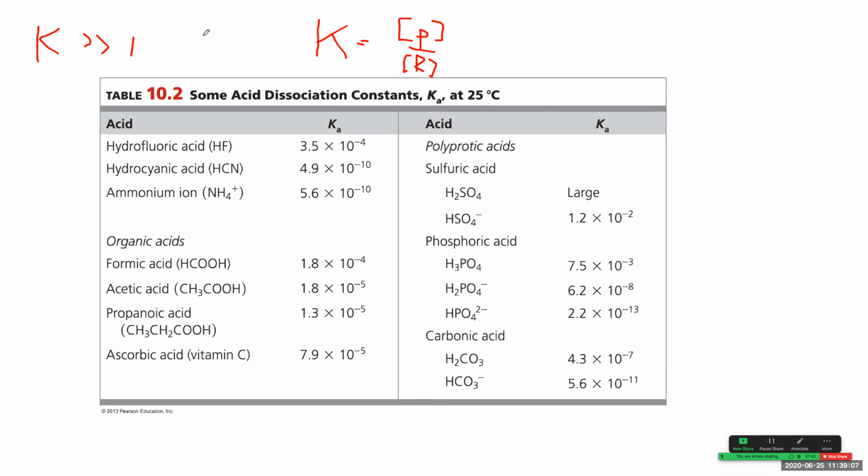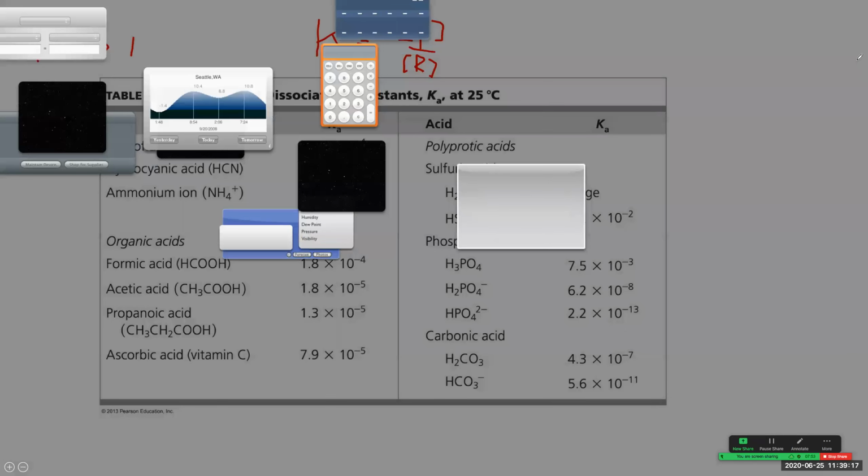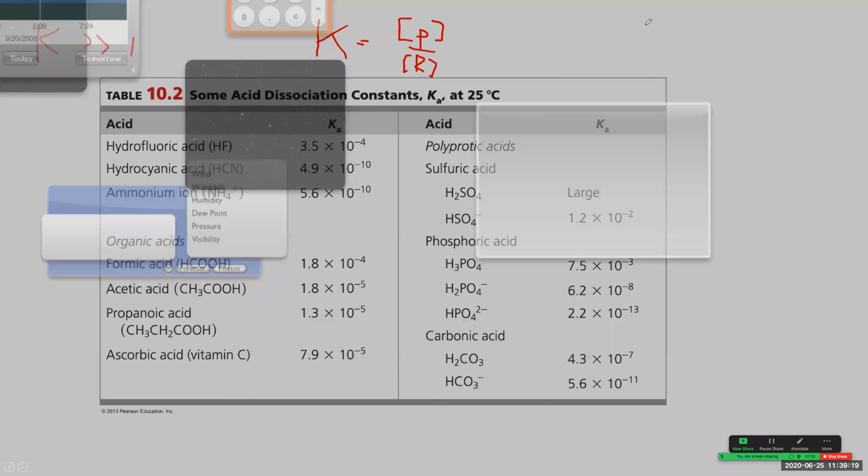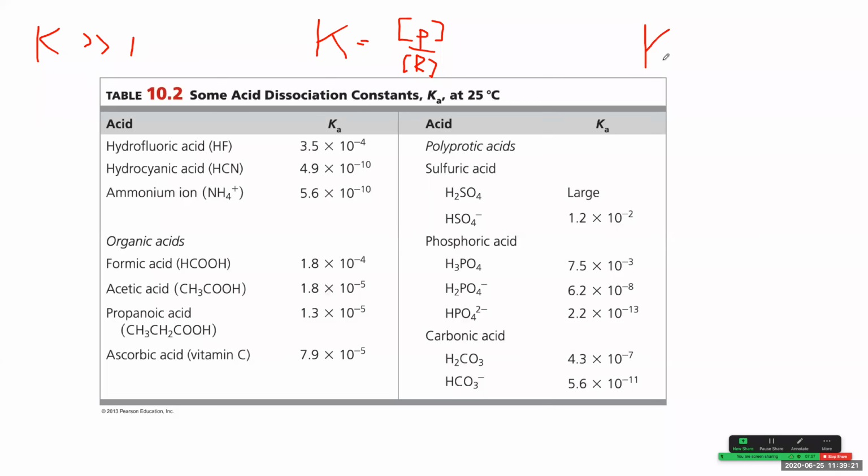So that's why we say all of the HCl turns into hydronium ion. In the case of a weak acid, K is always less than 1. So when K is greater than 1, the acid forms all product.